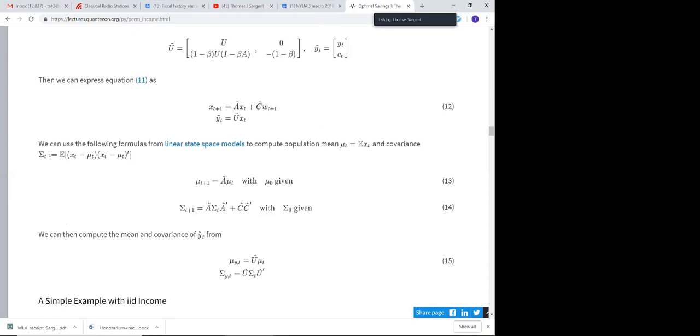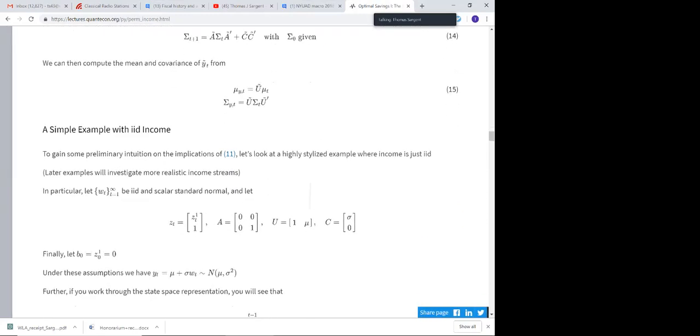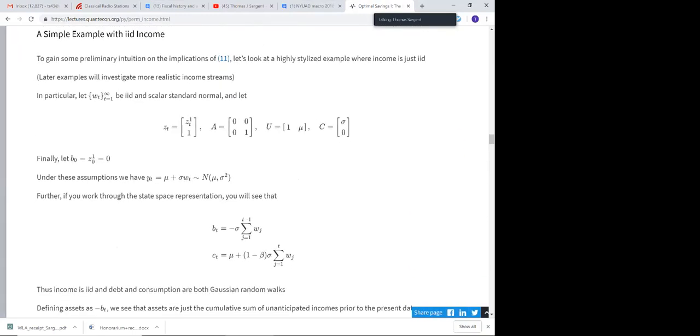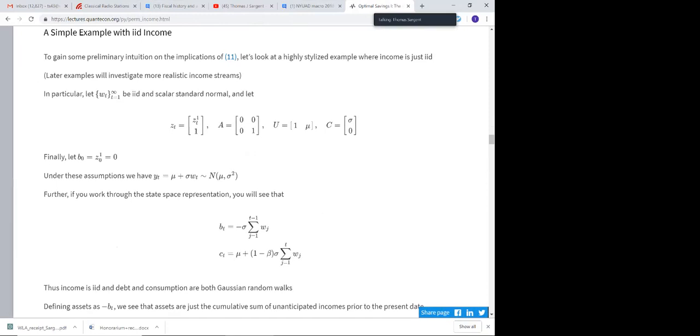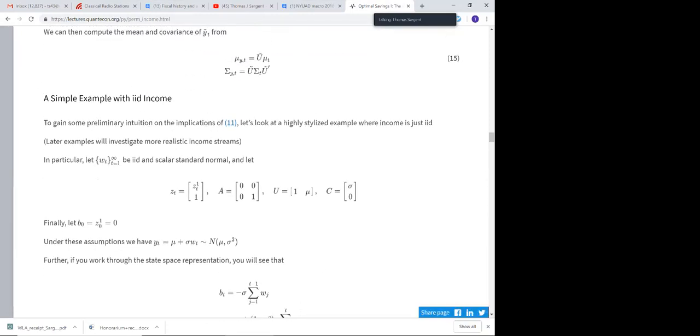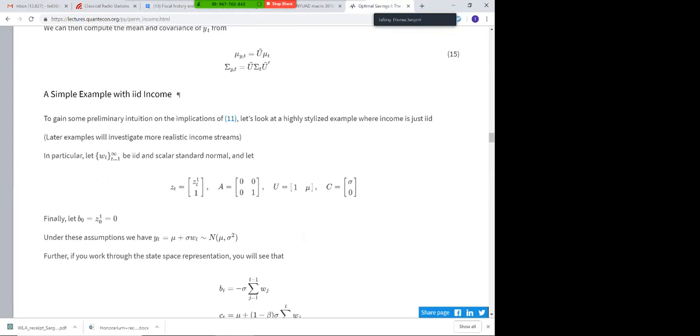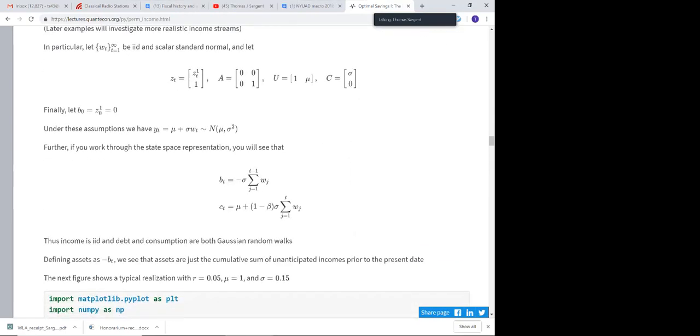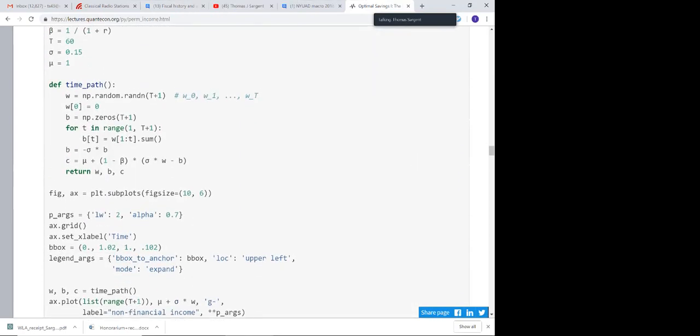And that's what we do. So here's going to be kind of the punchline. We're going to create a process where income is IID, independently identically distributed. So it's as unsmooth, in some senses, as unsmooth as you can make it. What is this person going to do?